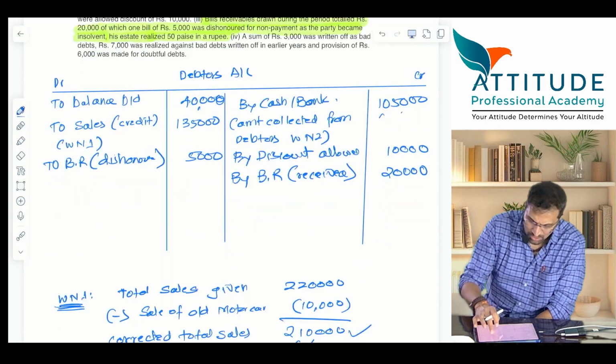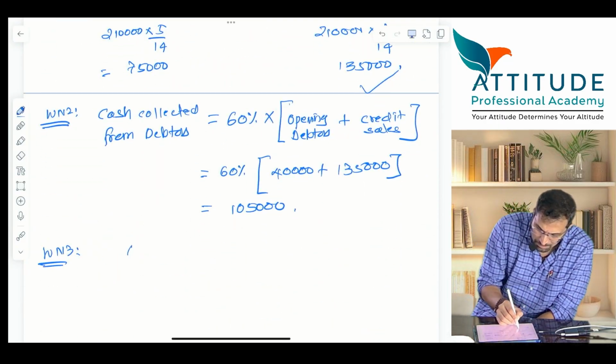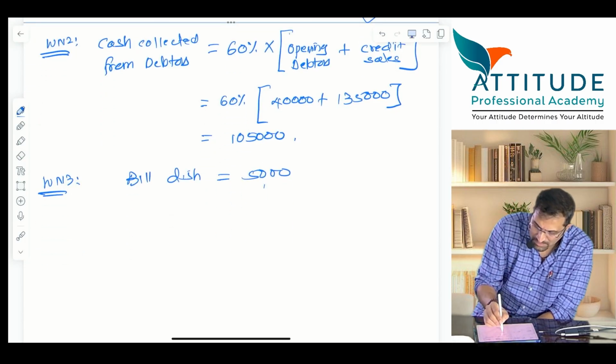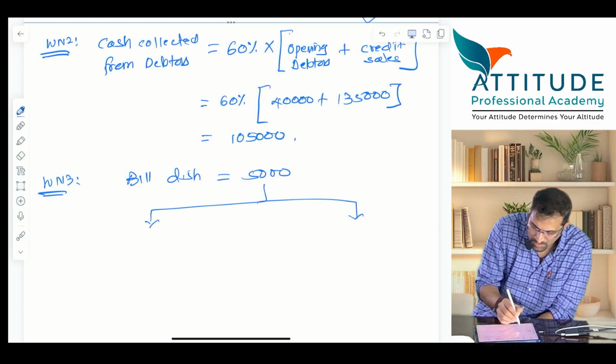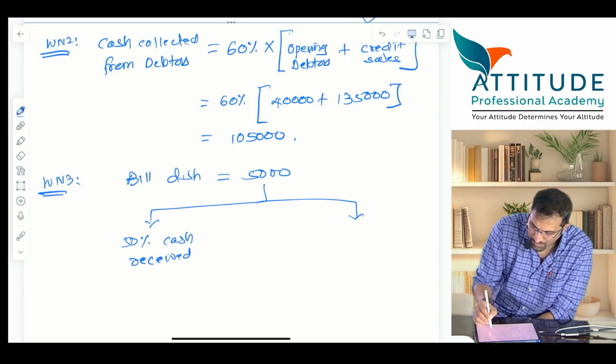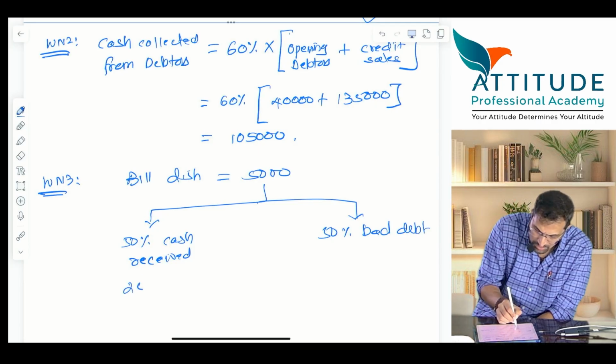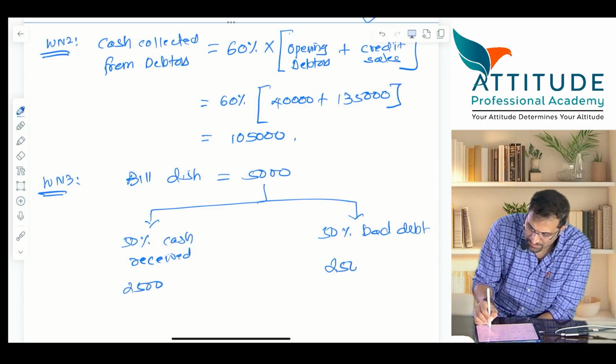So working note number 3, bill dishonored 5,000. Correct? So 50% cash received and 50% bad debt. So 50% is 2,500 is cash received and 2,500 is bad debt.